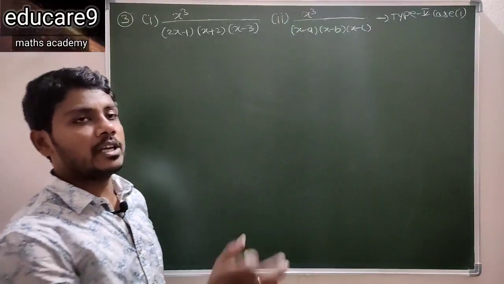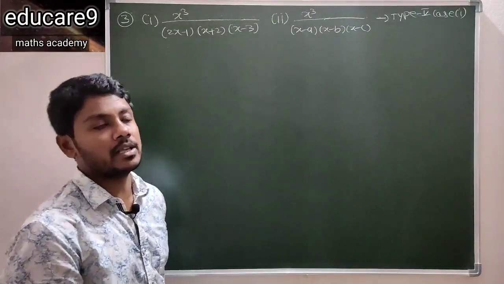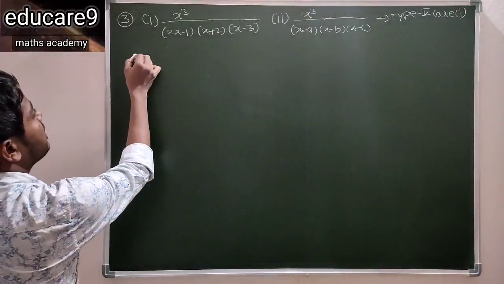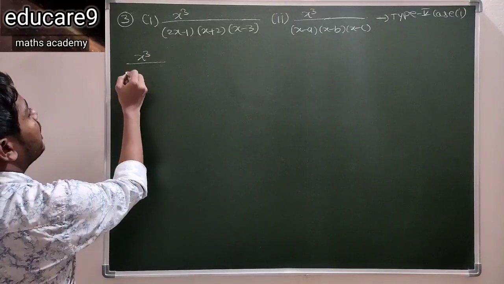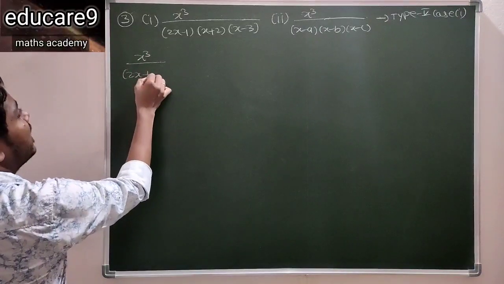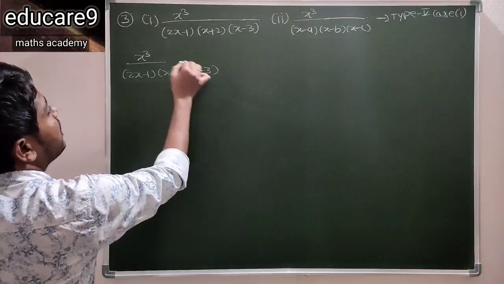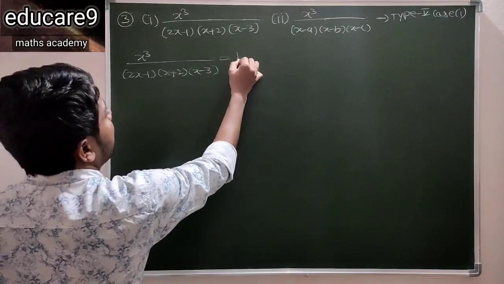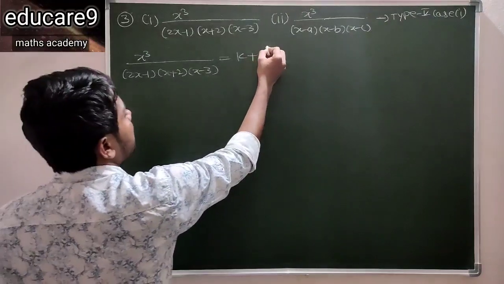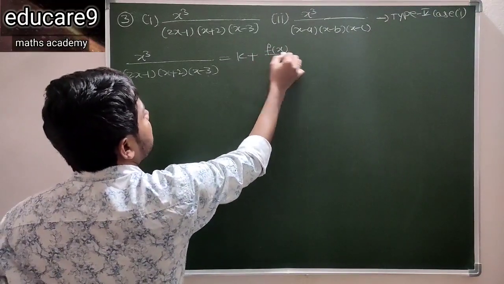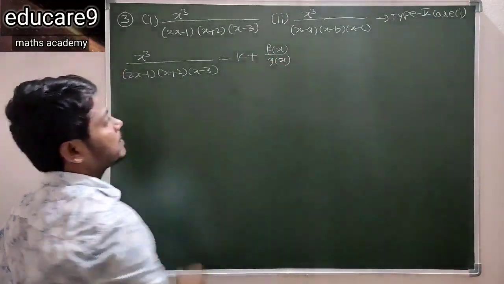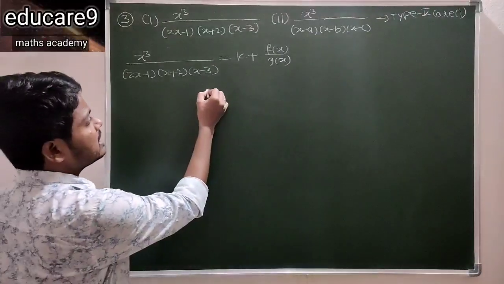Because both degree of f of x and degree of g of x are equal, in that case x cube by (2x minus 1)(x plus 2)(x minus 3) is equal to k plus f of x by g of x. So what is k value?